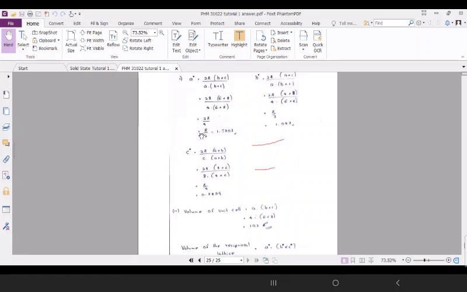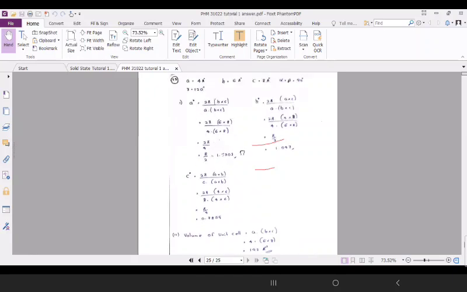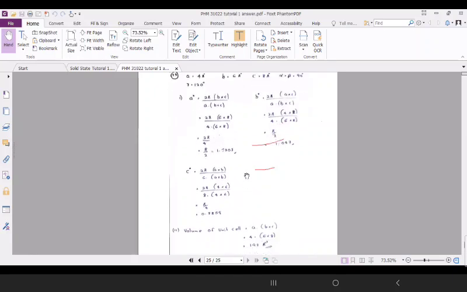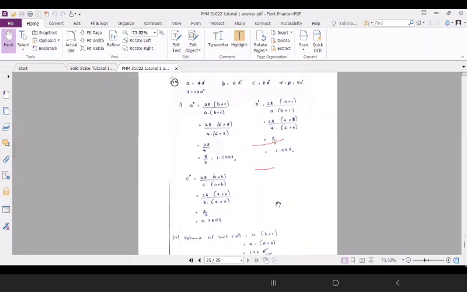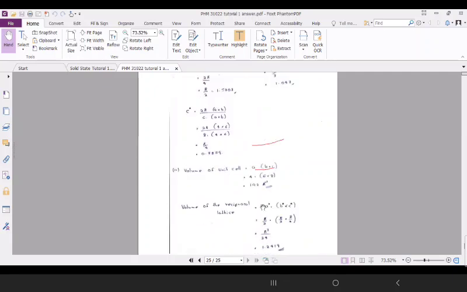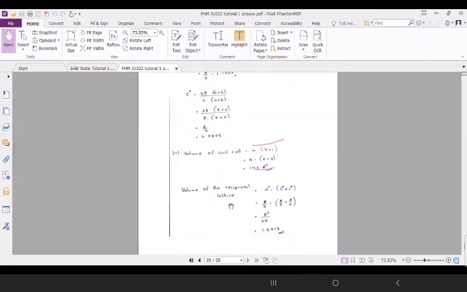Using those not-finalized numerical values, you already had a value in pi, right? So using those pi values, you can easily substitute pi by 2, pi by 3, and pi by 4 in this volume of reciprocal lattice equation, and you can easily get the volume of the reciprocal lattice. These are the questions. You can easily get it.